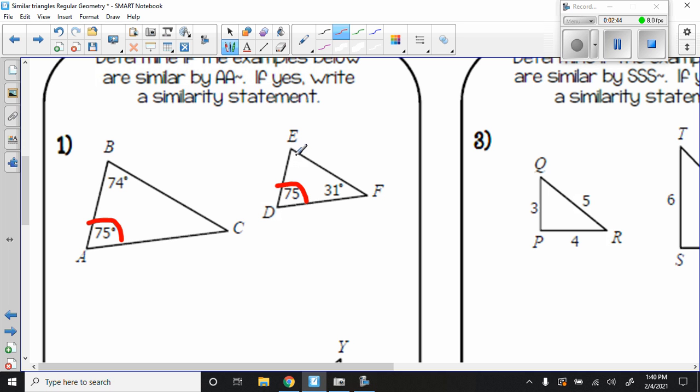And that gets me 74. So they both have a 74 now. So these are similar by AA. This is how we say it. We put the AA in the similarity symbol. The similarity symbol is the wavy line.